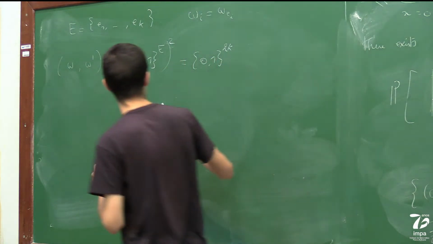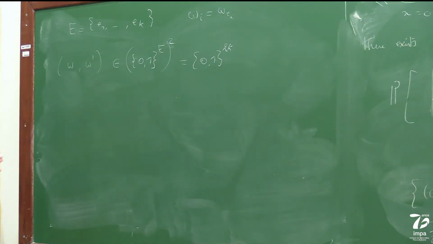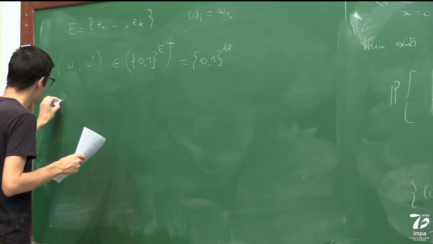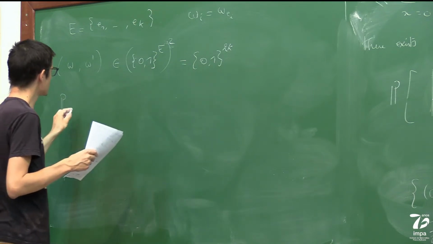So basically, for each edge, I'm going to consider two variables, omega e and omega prime e.